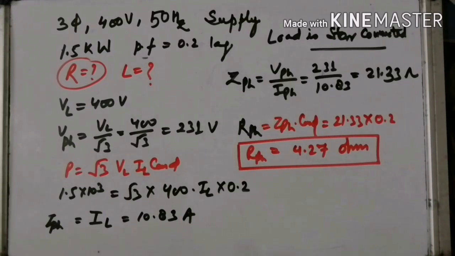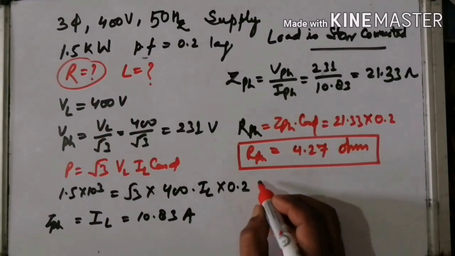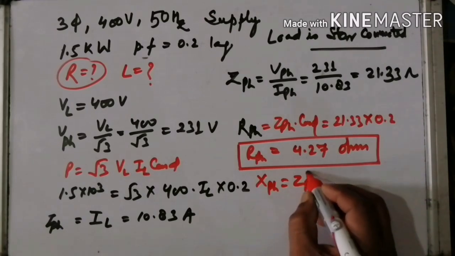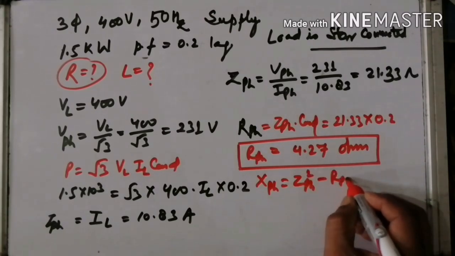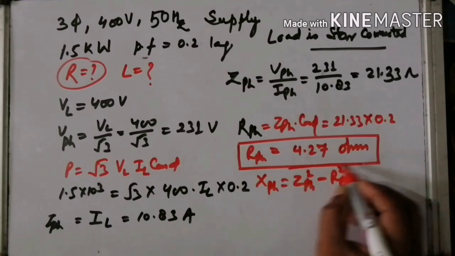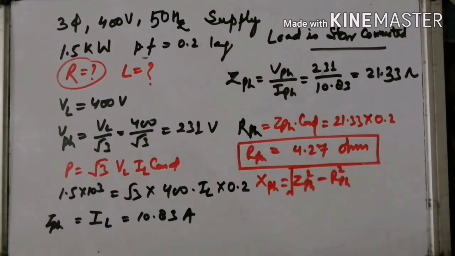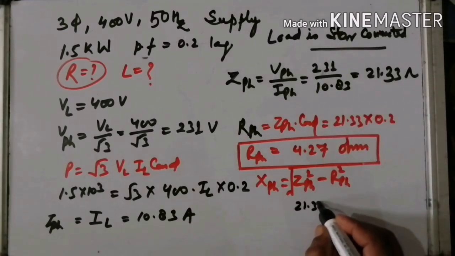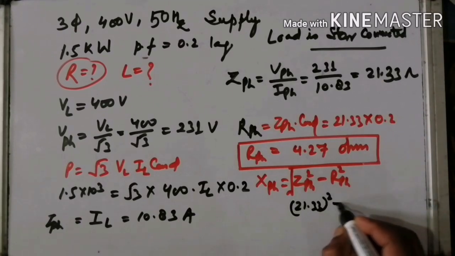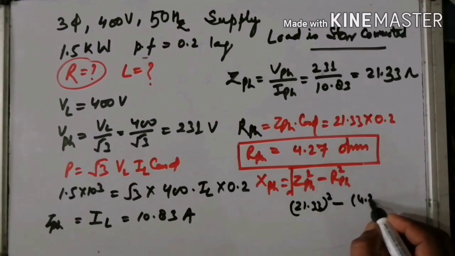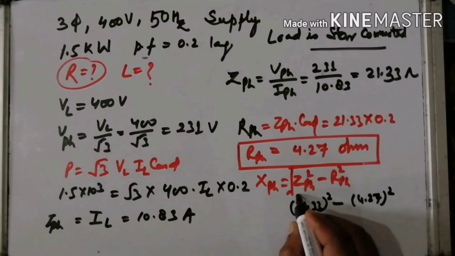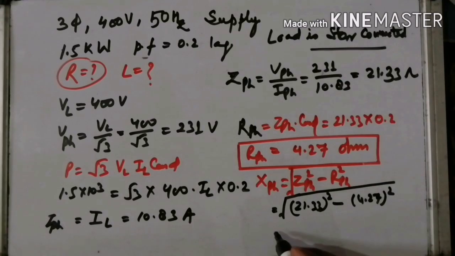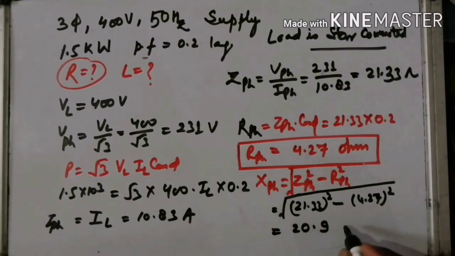Now for the calculation of L, first of all calculate XPH, which is nothing but the square root of ZPH squared minus RPH squared, that is 21.33 squared minus 4.27 squared, with the square root. After the calculation, it is 20.9 ohm.